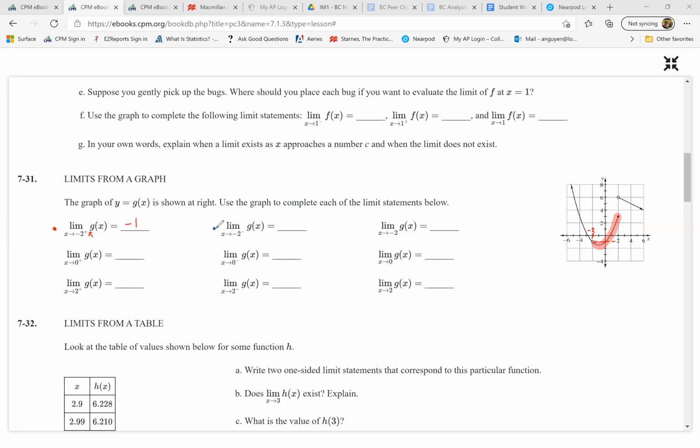So approach it from the left side of the function, going toward -2. What is the limit? Same thing, -1. Thank you. So we still get -1.